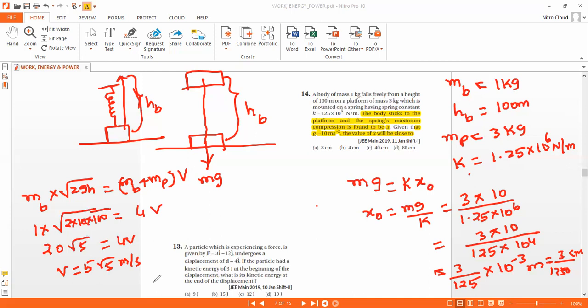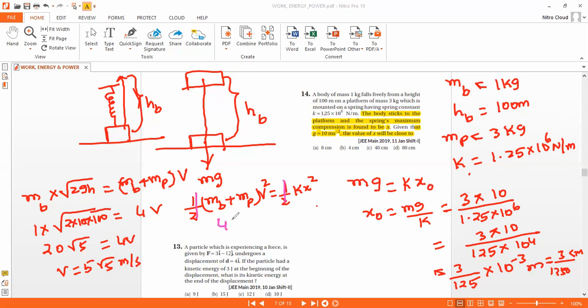By using the principle, whenever it is moving combined with this much velocity, the total kinetic energy, that is mass of the block plus mass of the platform times v square, equals half k x square. The half will get cancelled.